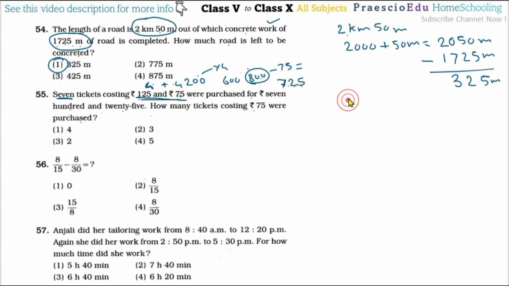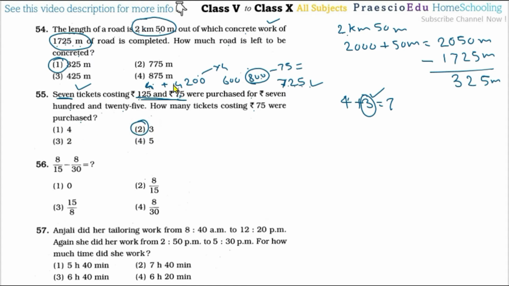One ticket has to be deducted, 4 minus 1 is 3. So this 4 plus this 3 tickets of 75 means 7 tickets. So this is completed, and the amount is also 725. That is matching, so rupees 75, 3 tickets were purchased. So option number 2 is the correct one.